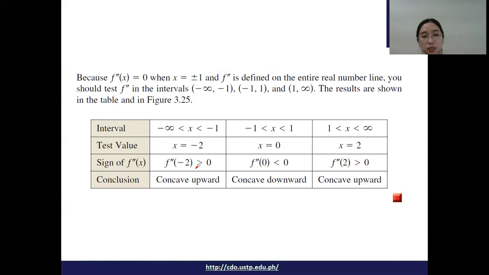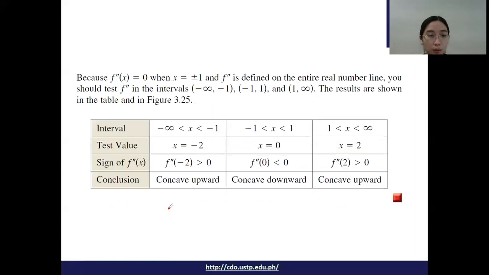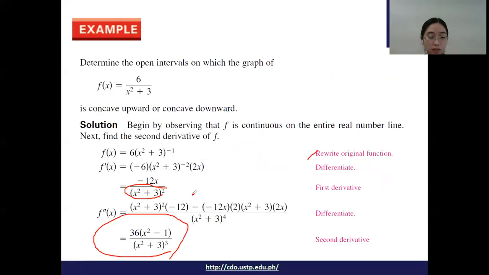Then we're going to substitute the chosen test value into the second derivative equation. So let's try using our calculators. So let's just input 36 times the quantity of, first our test value is negative 2. So negative 2 squared minus 1 all over negative 2 squared plus 3 cubed.